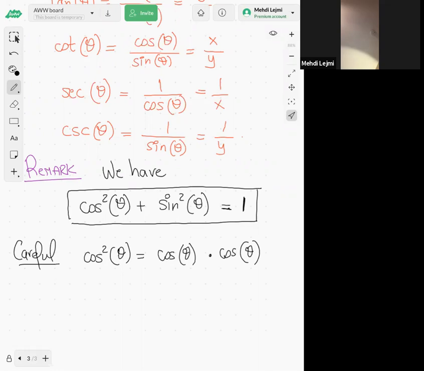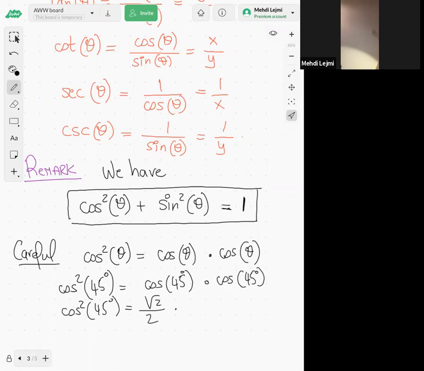So for example, what would be cosine squared of 45 degrees? Well, that's cosine of 45 degrees times cosine of 45 degrees, and cosine of 45 degrees, we said, is square root of 2 over 2. So this is equal to square root of 2 over 2 times square root of 2 over 2.